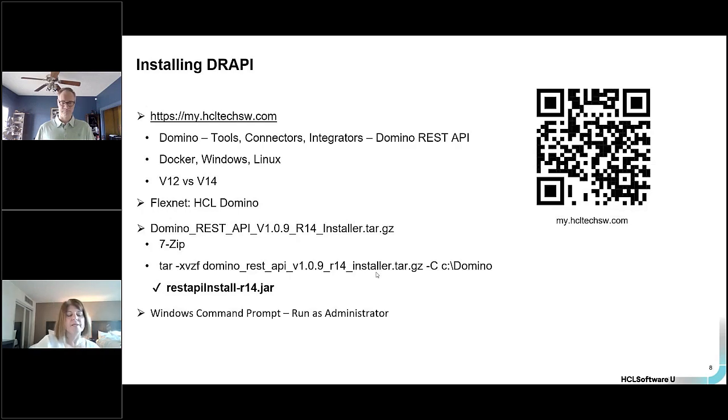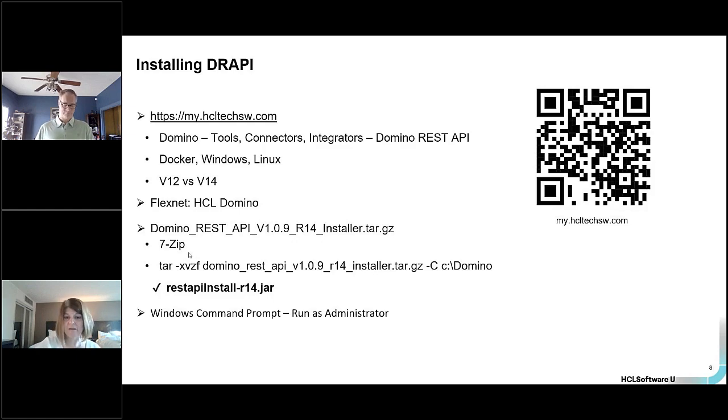And then I recently learned about a month ago from my colleague Casey Toole, who's been in the Domino community for a really long time, that on the Windows platform there is a tar executable. So from a Windows command prompt, you can run the tar command that I have listed here with the correct parameters of -xvzf.